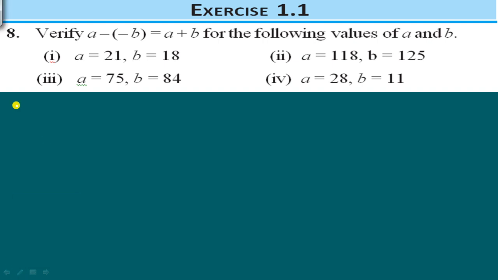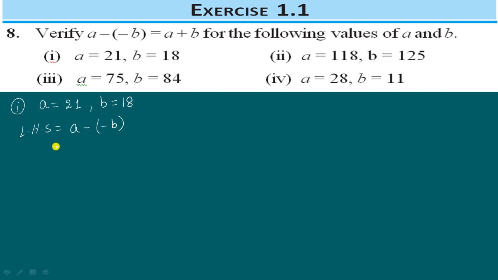Number 1. The value of a is 21 and b is 18. Now we'll put the values in the left hand side. Left hand side is equal to a minus of minus b.